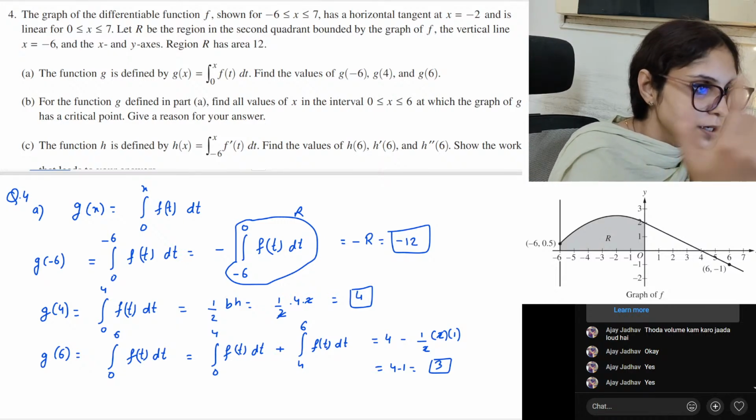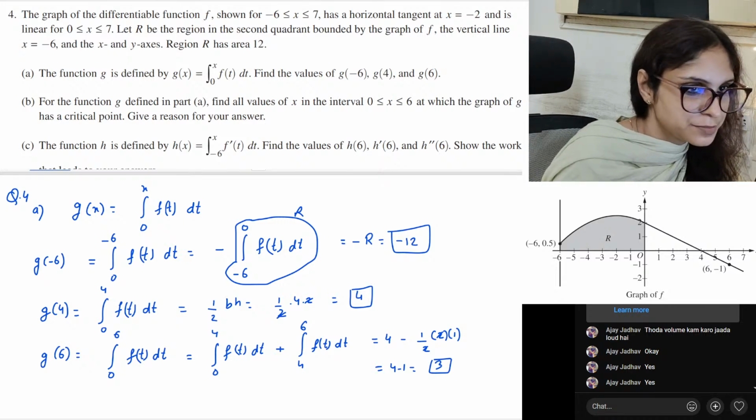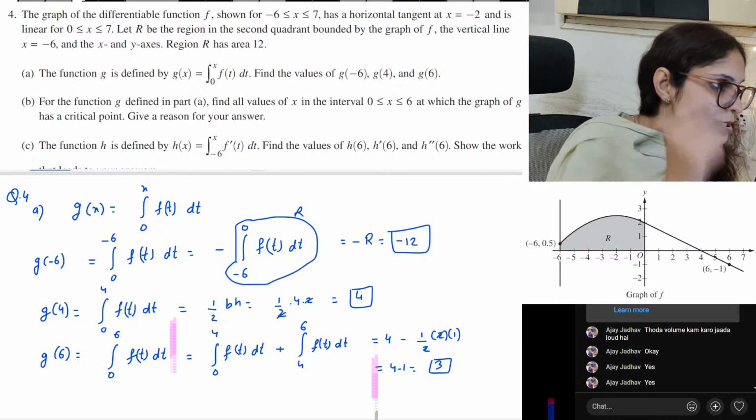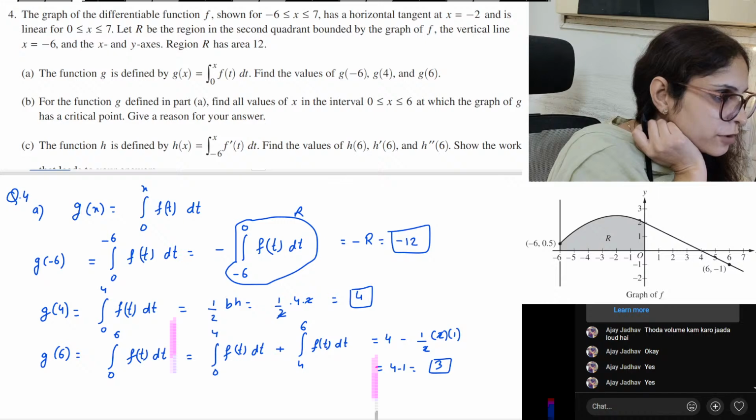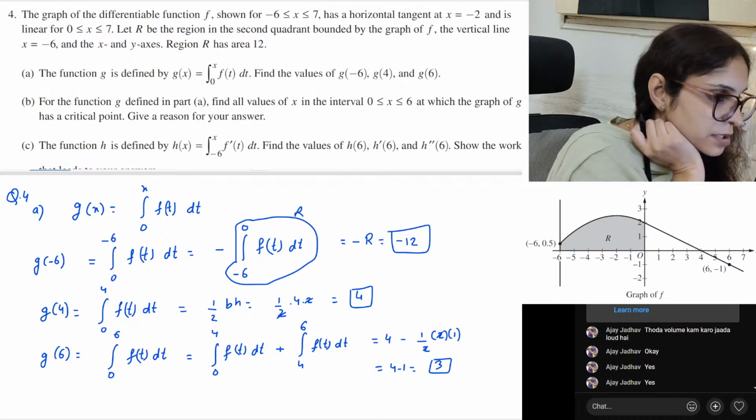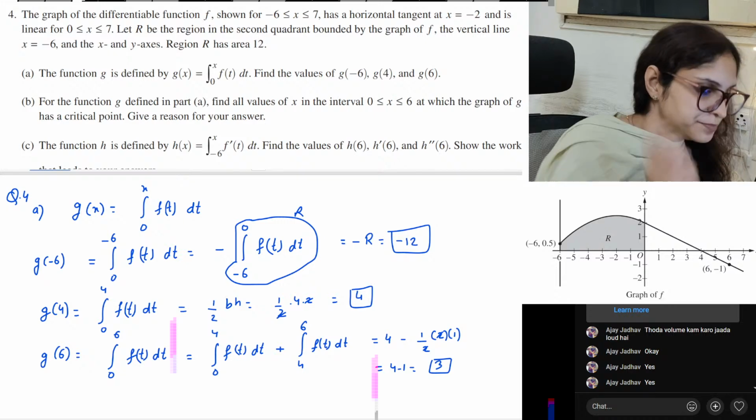So G of 6 is 3, G of 4 is 4, G of negative 6 is negative 12. Part A is done. Now we will move to the second part. The second part is saying that for the function G defined in part A, find all values of x in the interval 0 to 6 at which the graph of G has a critical point.